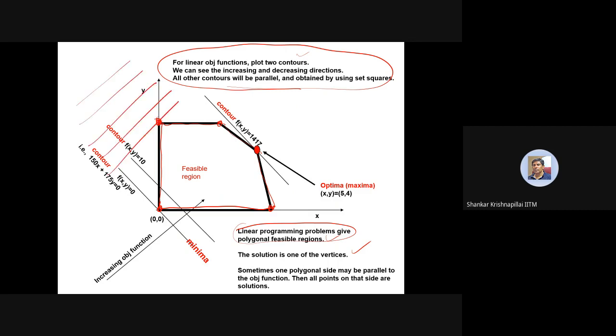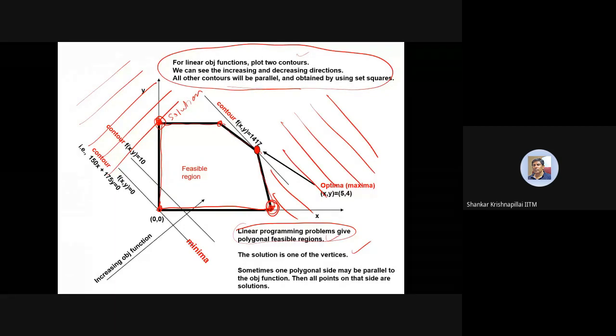In that case, this will be the solution. Suppose we change the objective function again, so contours may come like this. Then it will hit here. So the solution is one of the vertices.